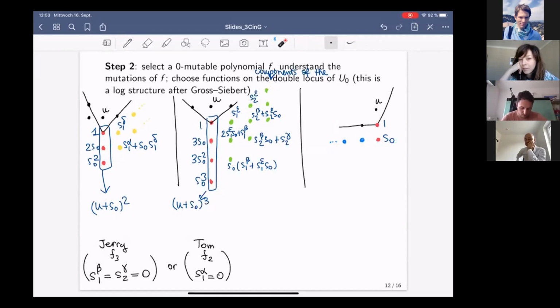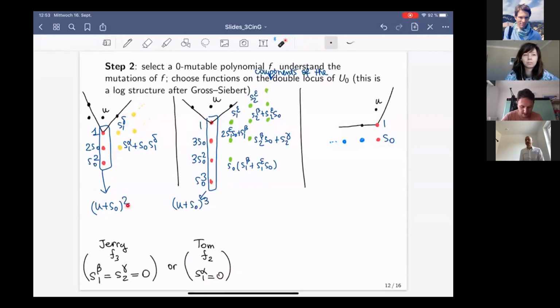And now we see, for instance, that when I consider these functions and I restrict to the triple locus, which is this line, they satisfy the Gross-Siebert joint compatibility condition at codimension 2 joints.